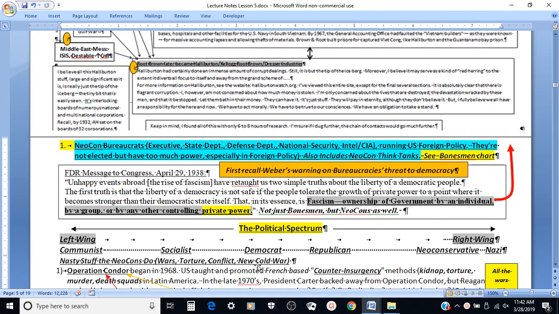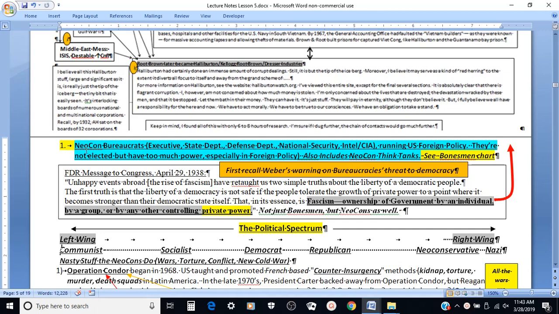So I want to go into today's lecture on Neocon Bureaucrats. Right. First of all, recall that Max Weber warned that bureaucracies are a threat to democracy because they're government officials who have very important roles, play very powerful parts, but yet are not elected officials, so they're not accountable to the voting populace.